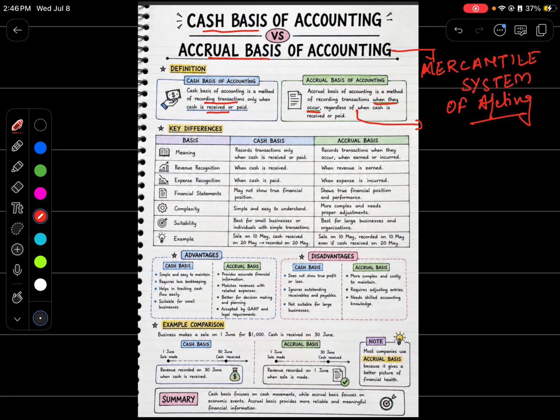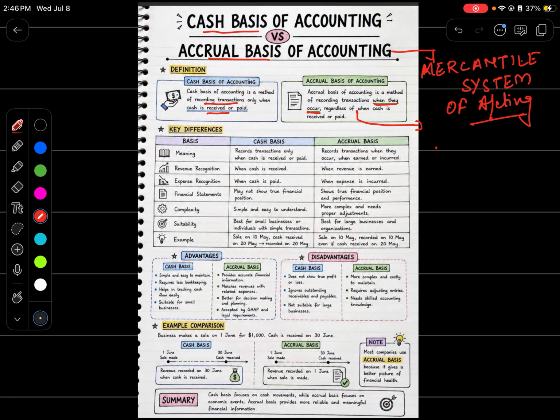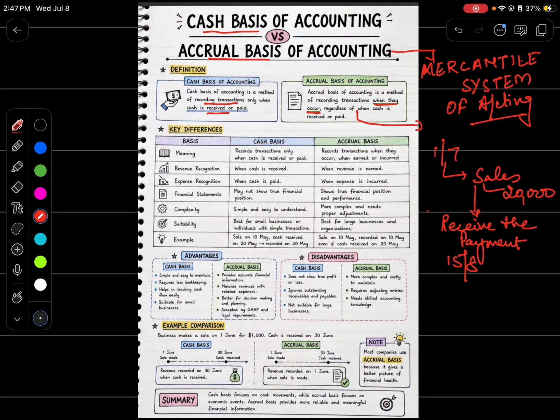For example, let's say on 1st of July, we make a sale of rupees 20,000, but we are going to receive the payment only on 15th of August.